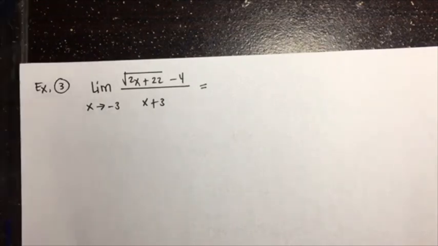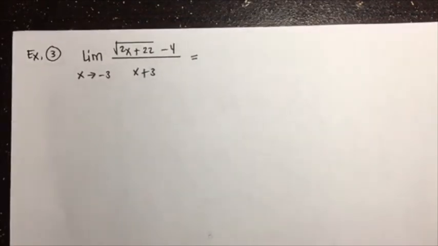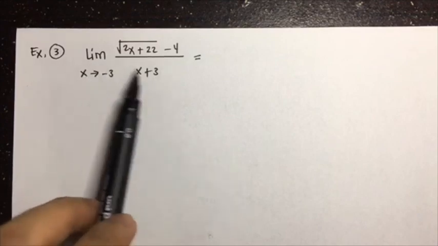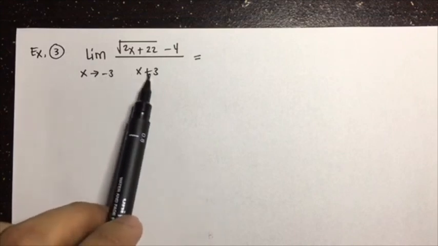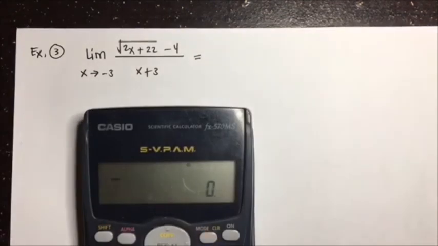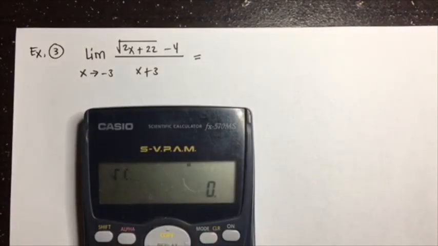We can skip that step. We can already see that it's indeterminate, so let's find a way to make this work. Also in the numerator, the square root of 2 times negative 3 plus 22 minus 4, so the numerator is also 0.